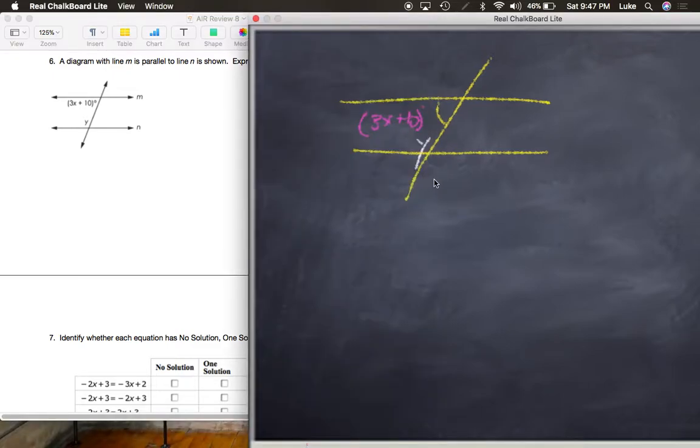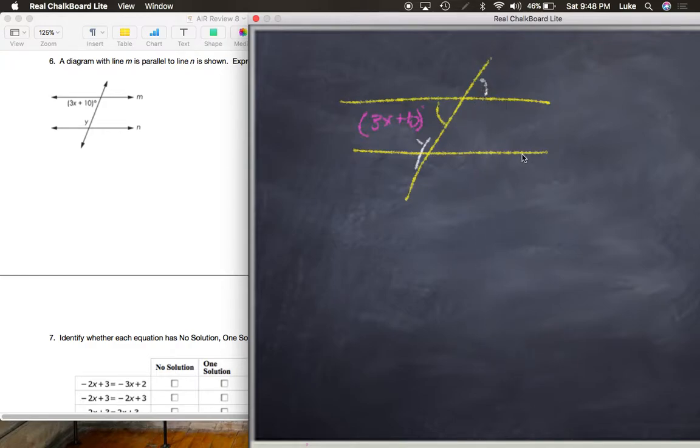And the question is, express the value of y in terms of x. So, what we do know about parallel lines and an intersecting line going through them is that the angles that are opposite are equal. So this angle right here is equal to this angle.